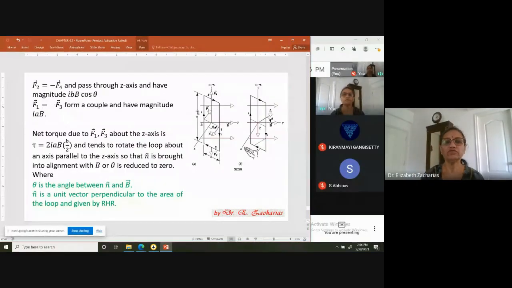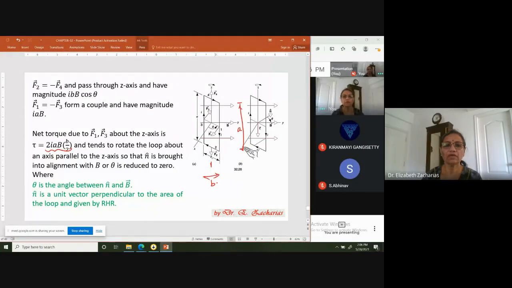And what is this torque going to do? Whatever I have said is what I've written here. How much is this torque? This torque can be shown to be 2IAB times b by 2, where I'm saying that this side is b, this side is a, this side is b.